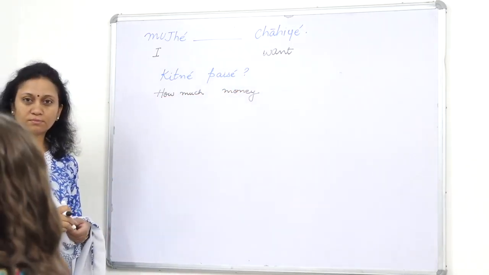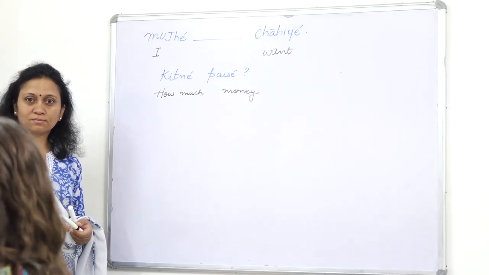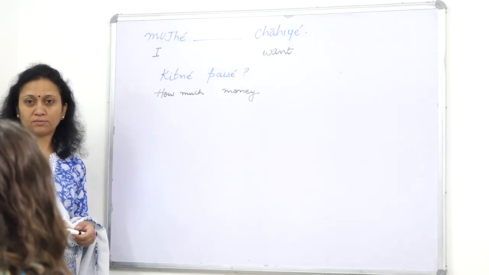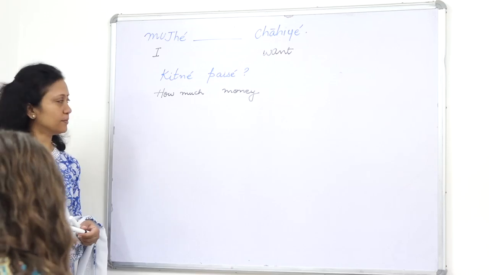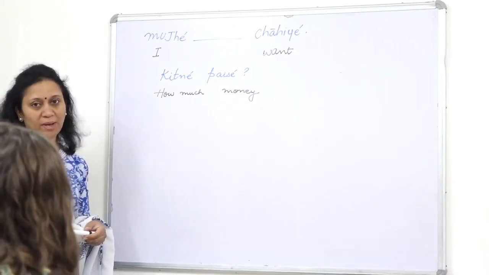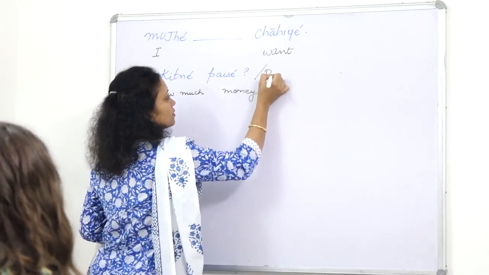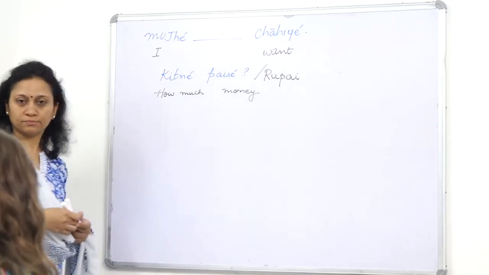You would never say kitne rupees. You may say kitne rupe. So how much money versus how many dollars. So kitne paise or kitne rupe makes sense because rupe is what we say here.